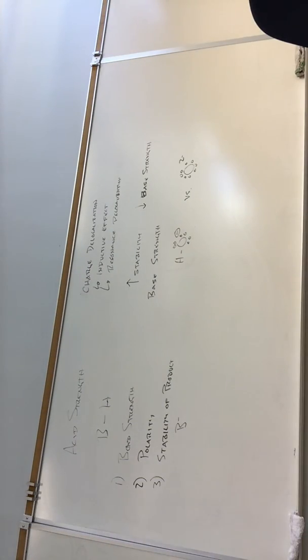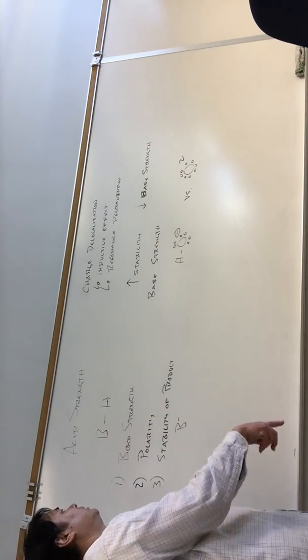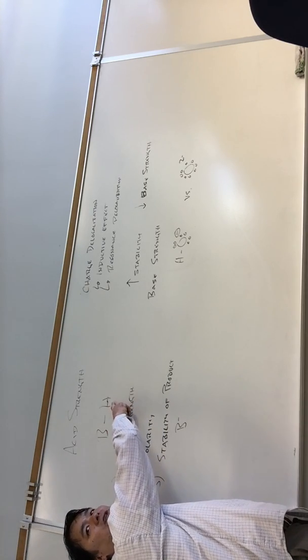Which one's a stronger base? Now, is this something you would have to look up on a chart? No, because, you know, chemistry is all electrical interactions. And so if this is going to attack a proton, then which one do you think would be more effective at grabbing that proton and pulling it off the acid? You know, which one do you think is going to be more effective at grabbing this H?